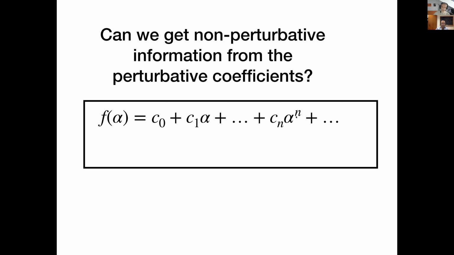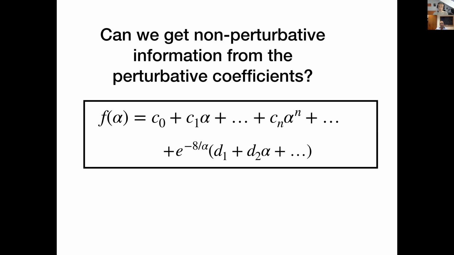And the question is whether just knowing these coefficients, I can tell you what the non-perturbative corrections to this physical observable are. In particular, in the model I'm going to analyze, the non-perturbative correction will go like e to the minus 8 over alpha. So you see it's e to the minus 1 over alpha, so it's non-perturbative. And then it has some expansion in alpha multiplying this non-perturbative piece, D1, D2, and so on.